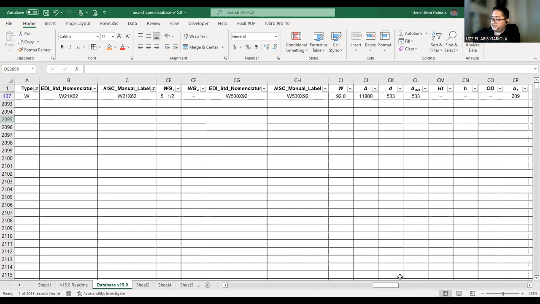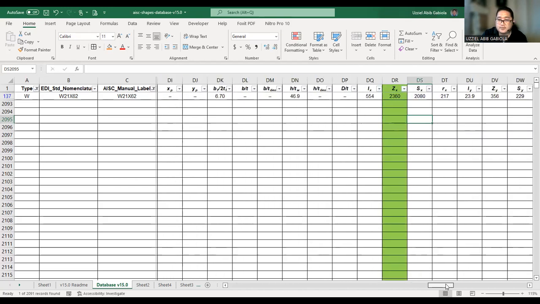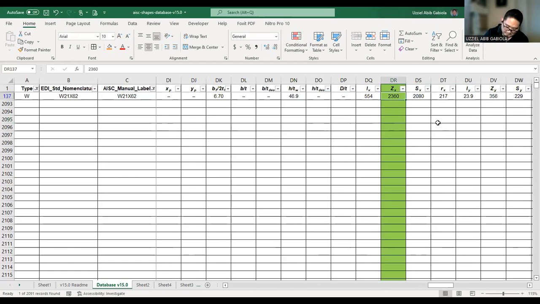Ano pa yung kailangan natin sa kanya? Yung ZX niya is ito, 2360 times 10 cube. Then, kunin na din natin yung gagamitin natin for shear. Yung D natin, yung K1, tsaka yung TW natin at IX.